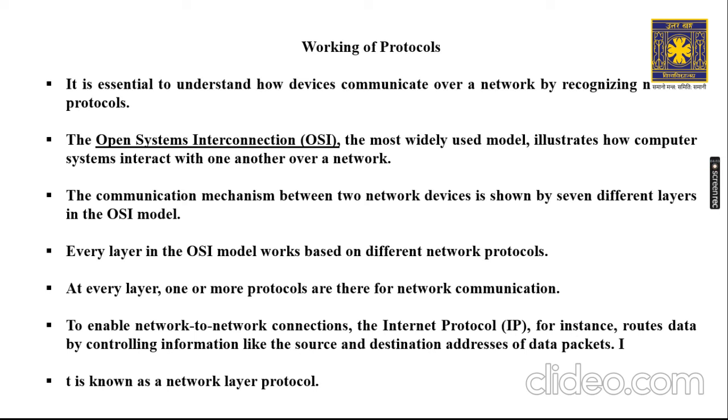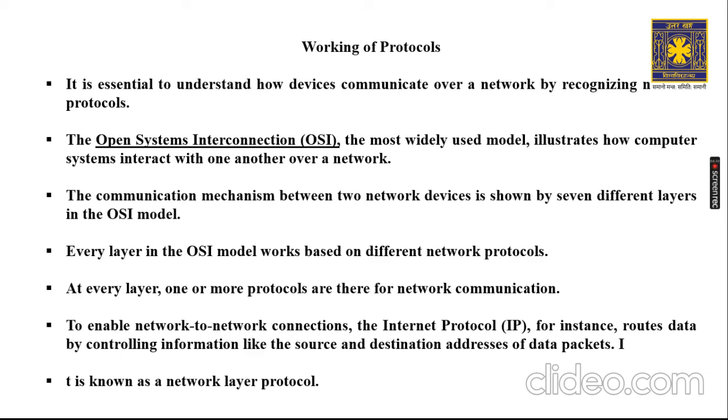From the destination it again goes up: from the physical layer to the data link layer, from the data link layer to the network layer, from the network layer to the transport layer, from the transport layer to the session layer, from the session layer to the presentation layer, then the application layer, and finally it reaches the receiver. So this way communication happens in computer networks, or when you chat on a mobile phone or send a message on Facebook, everywhere communication is done in this way.